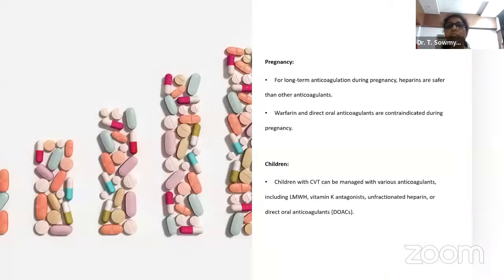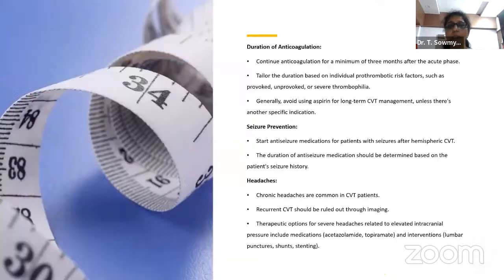And for long-term anticoagulation during pregnancy, heparins are safer than oral anticoagulants. Warfarin and direct oral anticoagulants are contraindicated during pregnancy. And for children with CVT, we can give low molecular weight heparin, vitamin K antagonist, unfractionated heparin or direct oral anticoagulants.